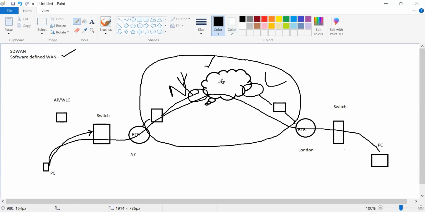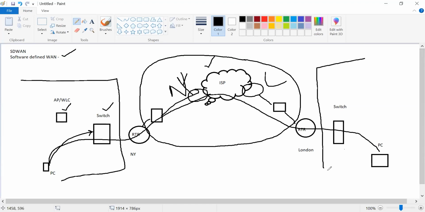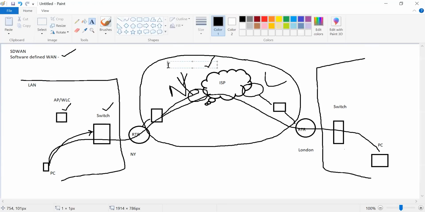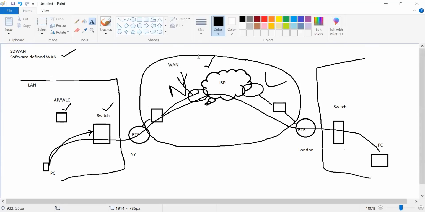SD-WAN concentrates on the WAN, wide area network. Okay. So SD-WAN does not touch this switch or the LAN devices. This part is totally isolated. SD-WAN is not present on the LAN side. Okay. So this is LAN. This is WAN. So software-defined WAN works on the WAN side.